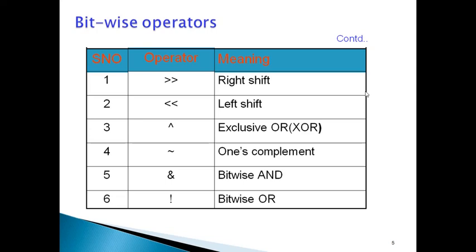In expressions, we use it as a bitwise AND operator. Sixth, OR, the bitwise OR operator. To perform the OR operation at bit level, we use the single pipe symbol.